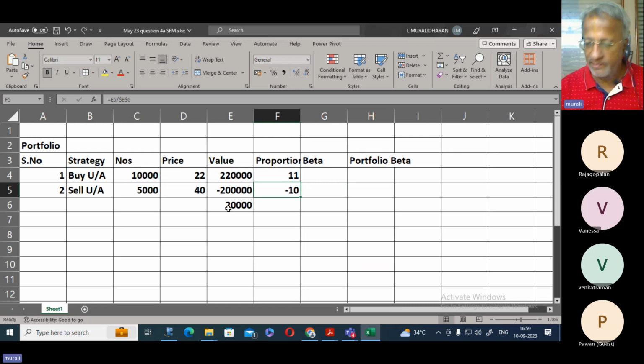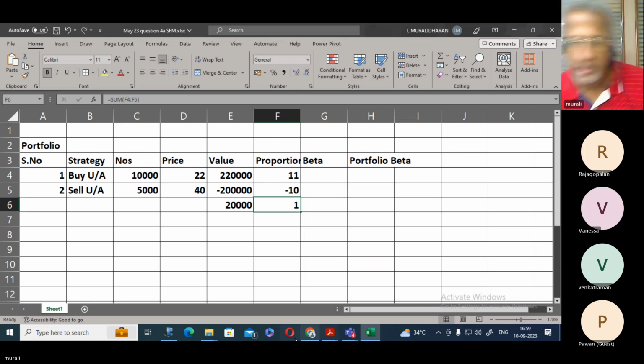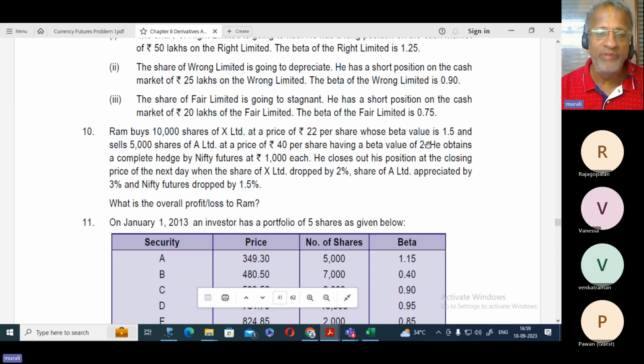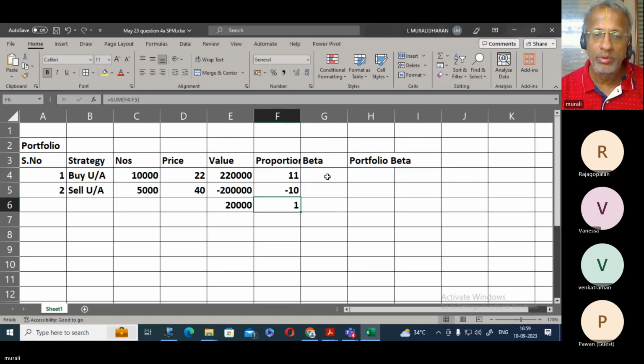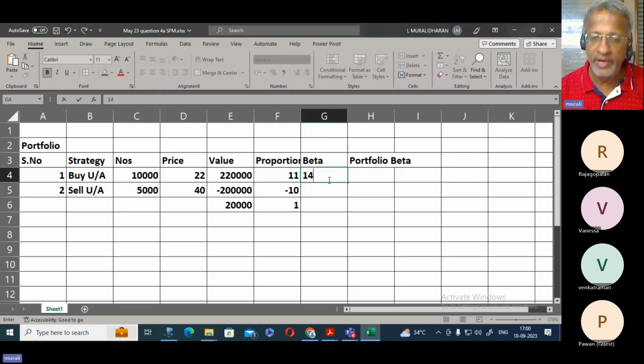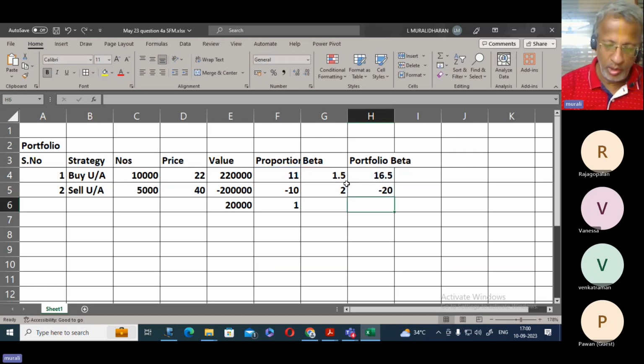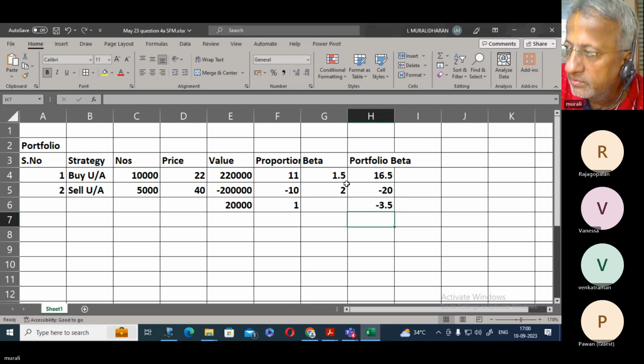In this case it is minus 10 and it is 1. Beta for these two are 1.5 and 2. Portfolio beta is proportion multiplied by beta. So now you have 3.5 as negative beta.